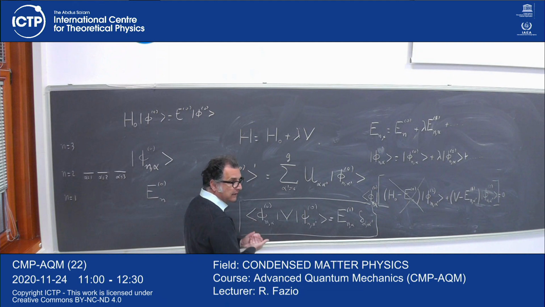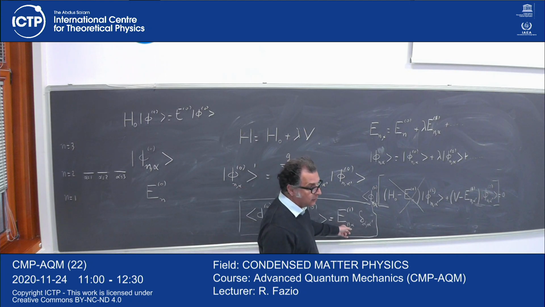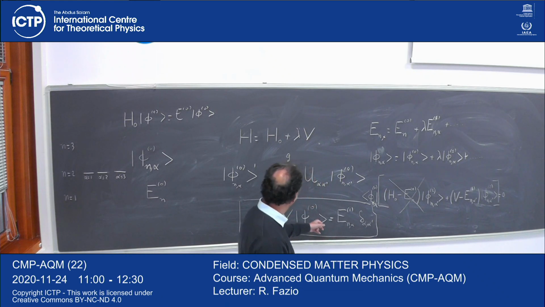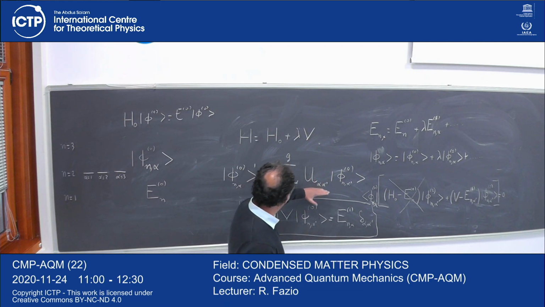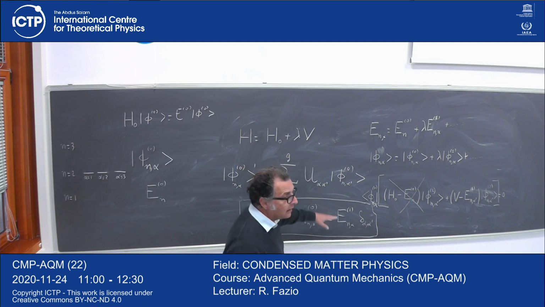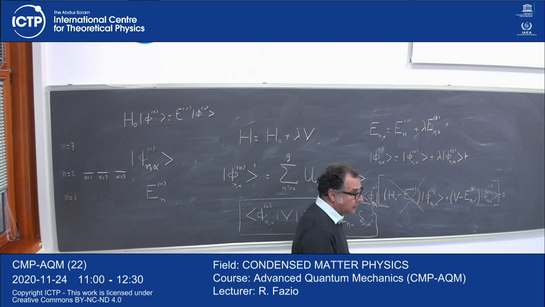Once I diagonalize, the eigenvalues give me the correction E1, and the eigenstates give me the good basis that allows me to solve the first order calculation for degenerate perturbation theory.